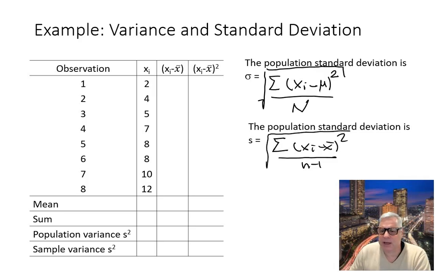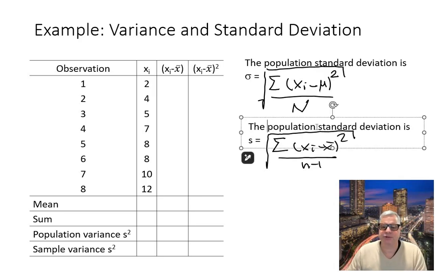What's under the square root is the variance. Here I just wrote x bar. What matters is the formula. It should be mu if we assume a population. But anyhow, let's work with those two formulas now. This one is what we call the population standard deviation. This is what we call the sample standard deviation.